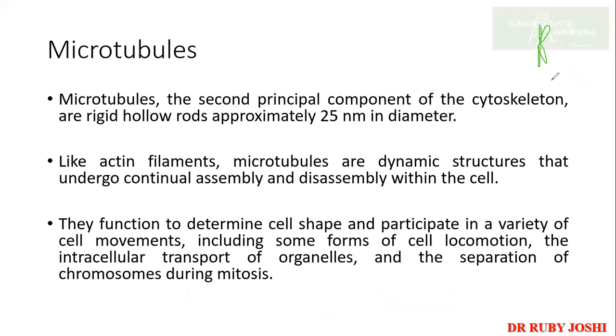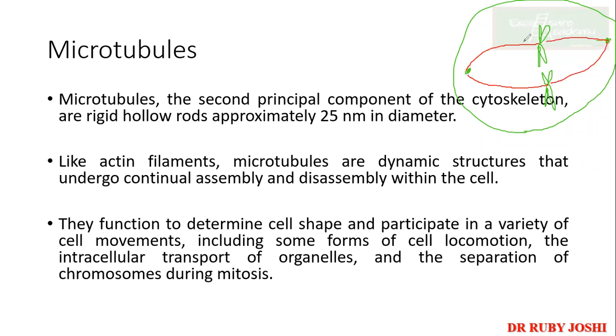Let us say two chromosomes are aligned in a cell. Here the centrosomes are there, your microtubules go like this, and each single sister chromatid is pulled in this direction.